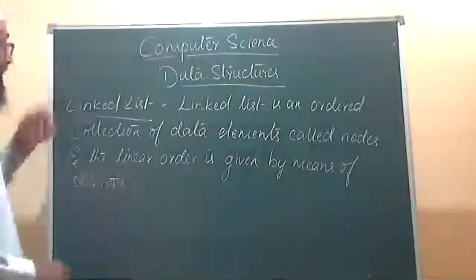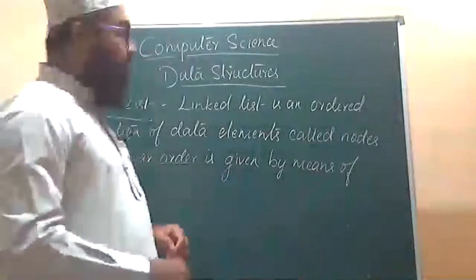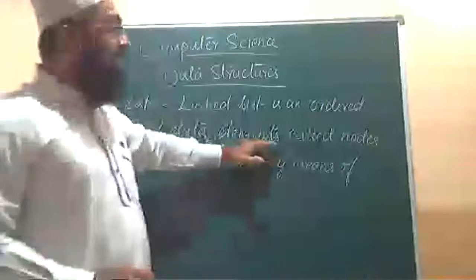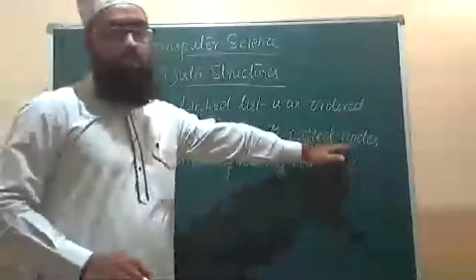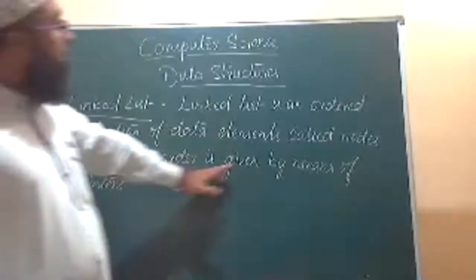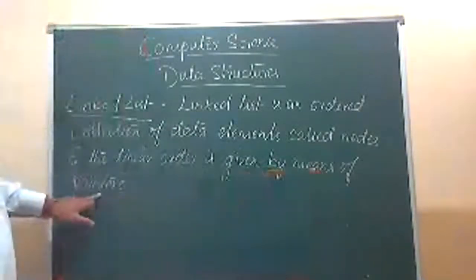A linked list is an ordered collection of data elements called nodes. I will explain what is meant by node later. And the linear order is given by means of pointers.